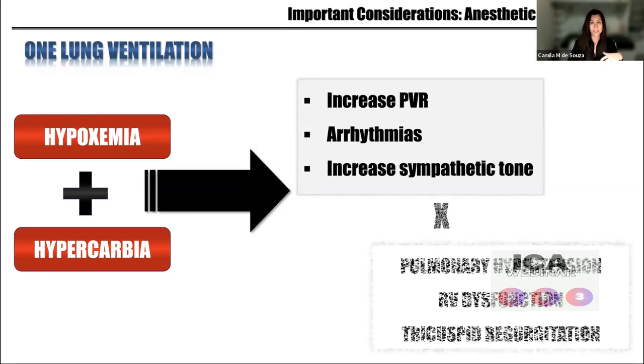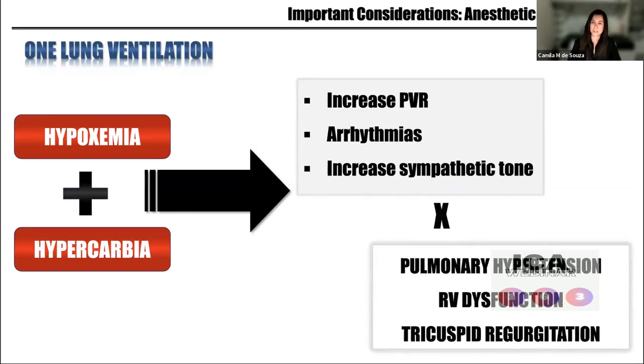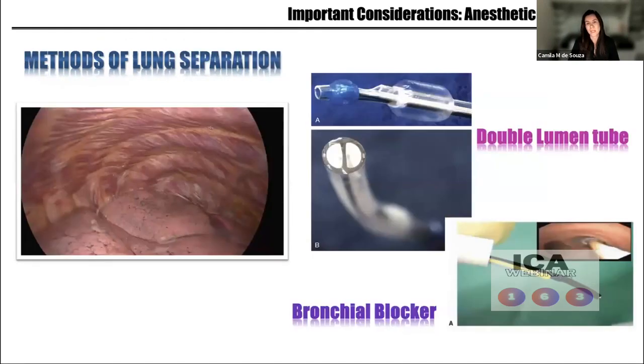And as you can imagine, this combination of things is likely poorly tolerated in a population of patients that most of the times already has some degree of pulmonary hypertension, some degree of RV dysfunction, tricuspid regurgitation, as well as other comorbidities. So really 1 lung ventilation is what makes these procedures more challenging for the anesthesiologist compared to other cardiac cases that we're used to doing all the time.